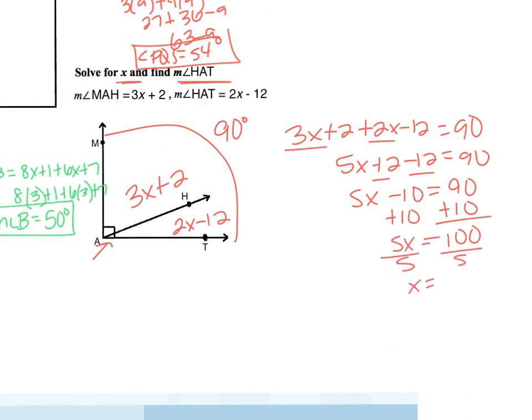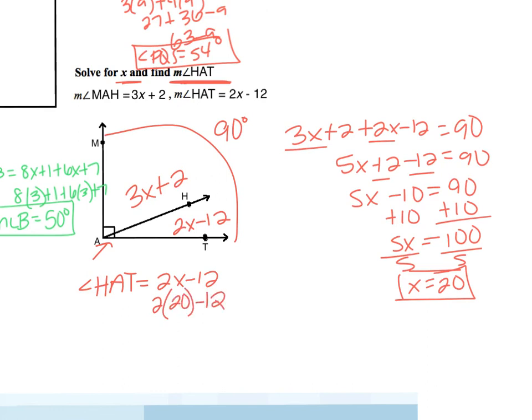Divide by 5, so x equals 20. Sweet. Now we're trying to figure out the measure of HAT. Angle HAT was 2x minus 12, so we plug it in: 2 times 20 minus 12. That gives you 28 degrees. So angle HAT is 28 degrees.